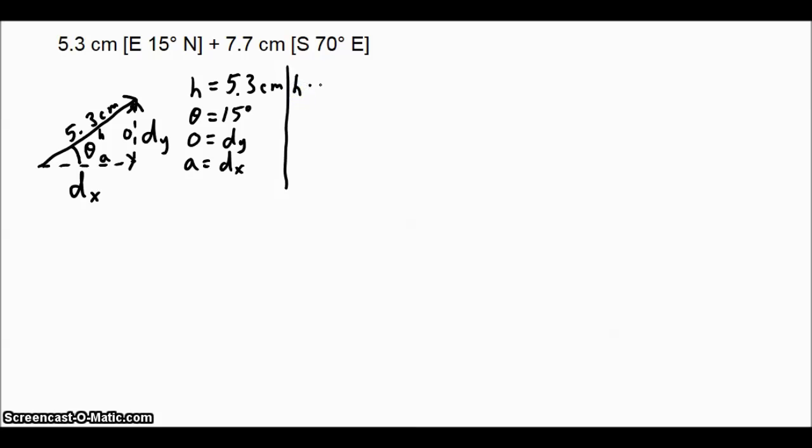Now we're going to use the equation hypotenuse times the sine of theta is our opposite side. And then we substitute. Our opposite is going to be our dy.